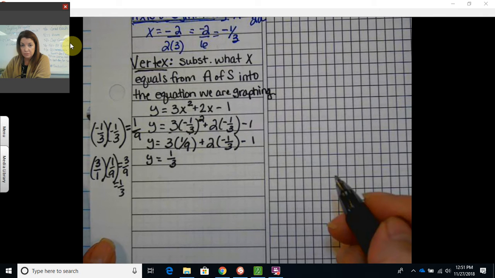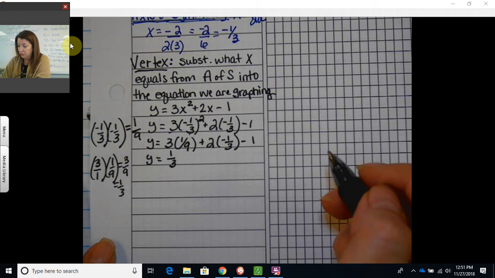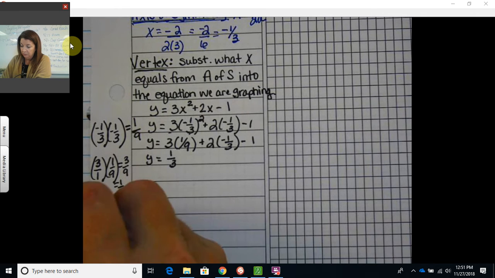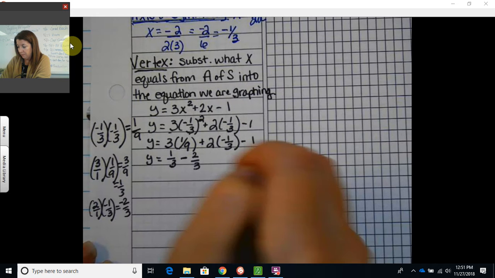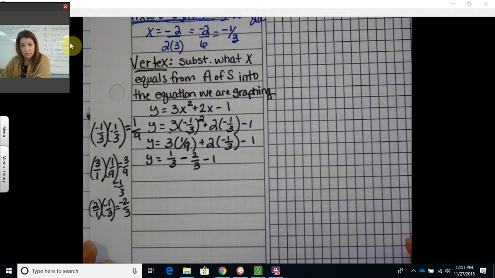And then I have to do 2 times negative 1/3. So I'll do 2 over 1 times negative 1 over 3 gives me negative 2/3. And then just bring down that minus 1. Now I just have subtraction.